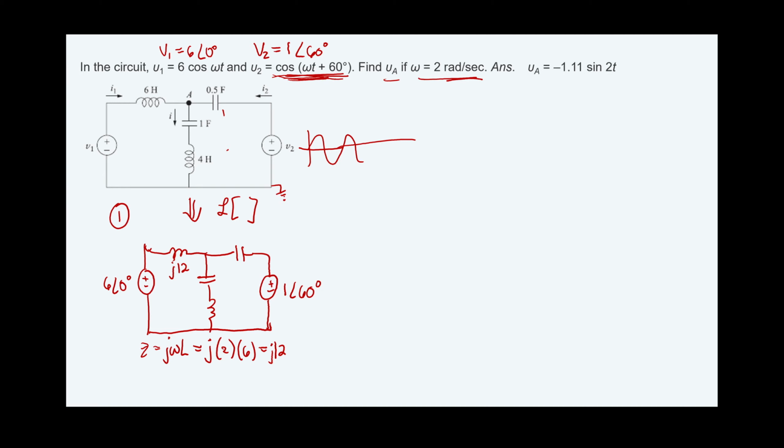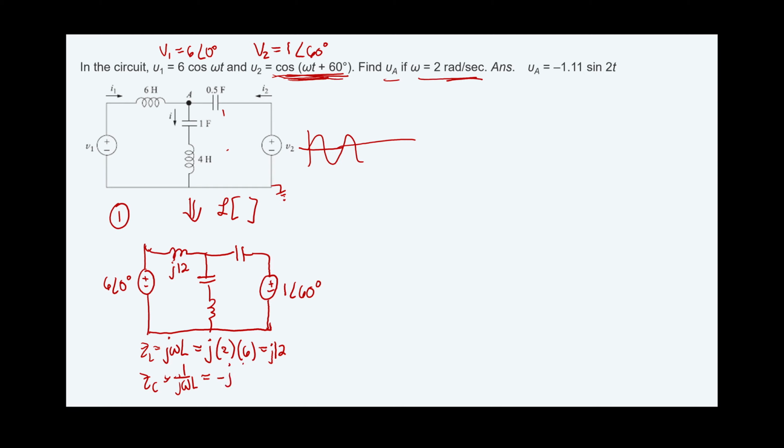So you have j12, and also the capacitor. For the capacitor, you have 1 over jωC. So you raise j to the numerator, it becomes negative j.